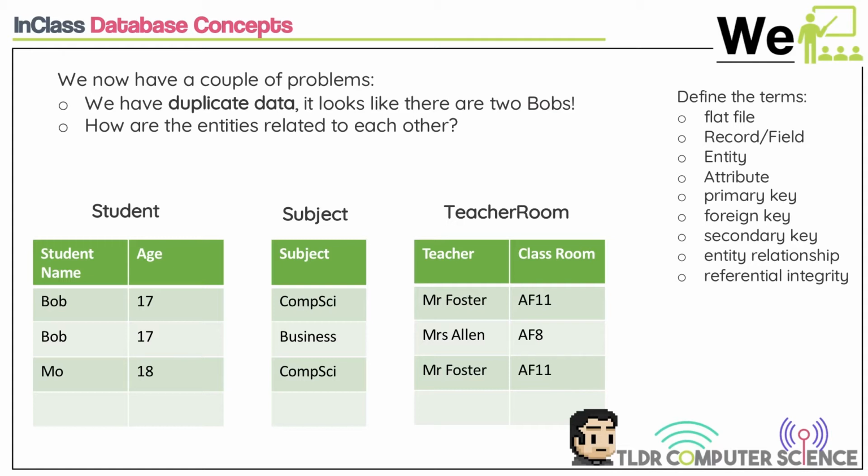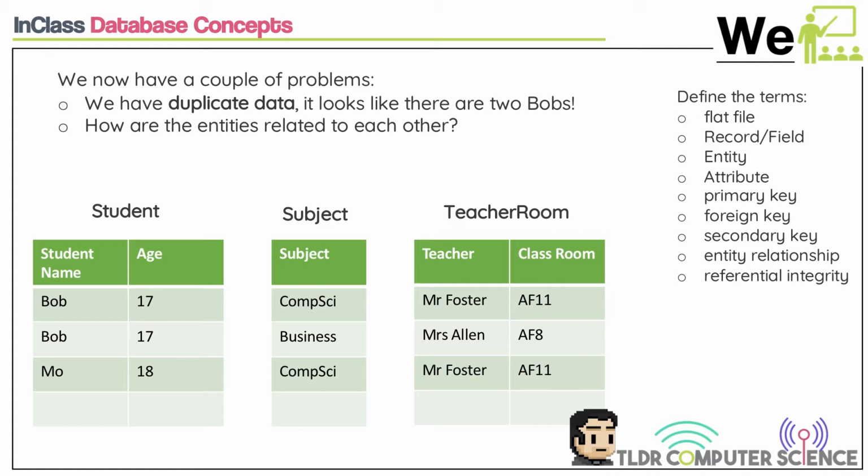It currently looks like I'm storing 2 different students called Bob. Now, because we saw what the original was, did I have 2 students called Bob? No. Well, I guess we don't know for sure, but I'm saying we don't. They were just the same Bob, but subscribed to different courses. And I'm also saying here, we've got these 3 floating tables, flat files. How do we actually connect them, relate them to each other?